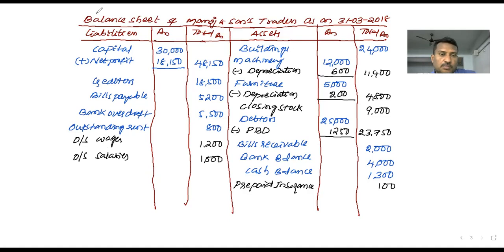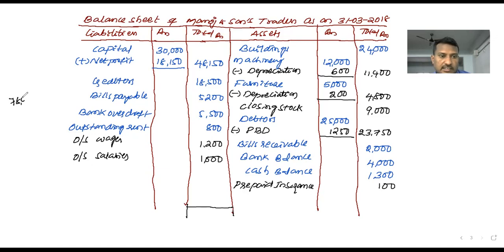So let's total both sides. Now liabilities and the assets. Let me total the liability side first. 48,000 plus 18, 66. 66 plus 5, 71. 71 plus 5, 76. 77, 78.